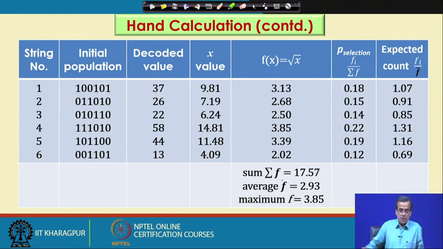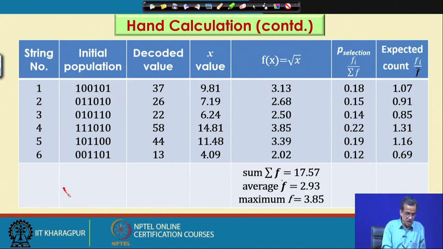Now, if you remember, the binary coded GA starts with a population of solutions selected at random. Here, for simplicity, I am going to consider the population size equal to 6.